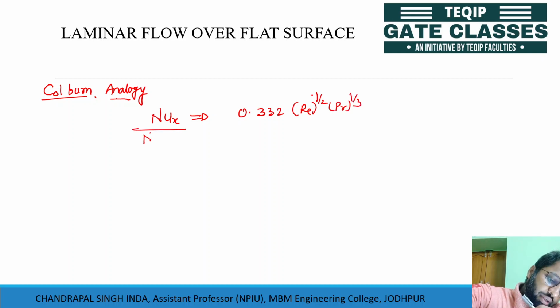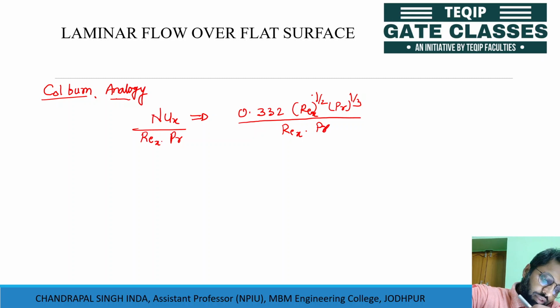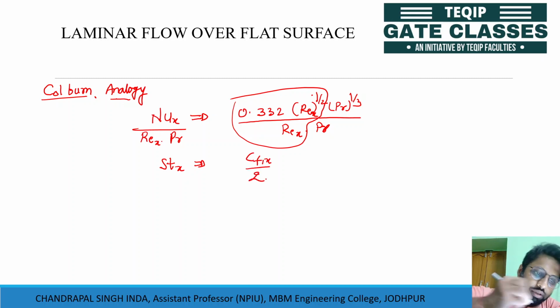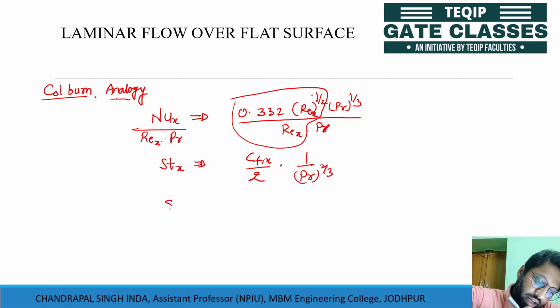Here we can divide by Reynolds number and Prandtl number on both sides. Then this value is represented by Stanton number, and this will be Cfx by 2 with Prandtl raised to 2 by 3. So Stanton number into Prandtl power 2 by 3 will be equal to Cfx by 2.